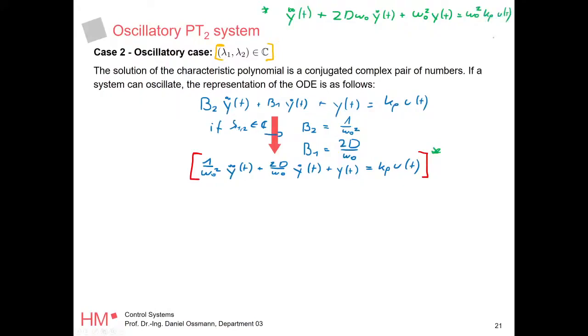So you can also have this form, and we will make use of this. It is just multiplying this by omega 0 squared. It's really just the same.